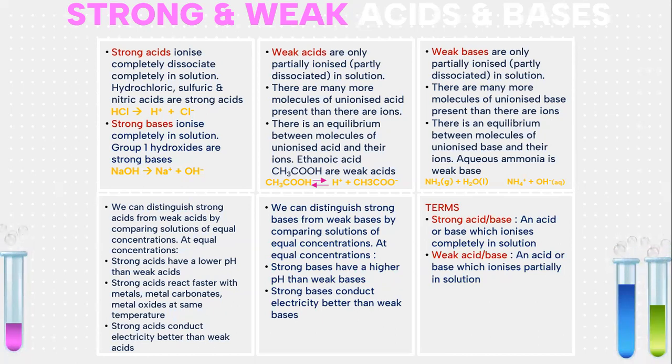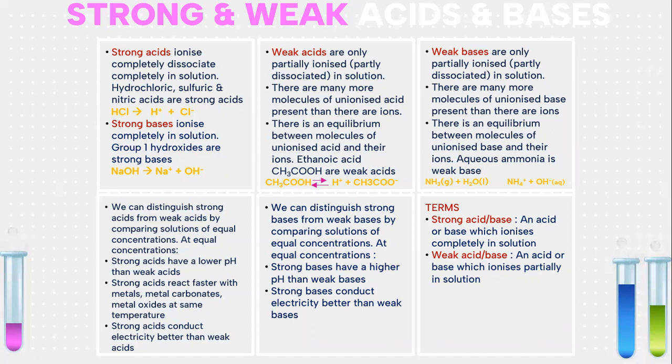Weak acids are only partially ionized, meaning partly dissociated in solution. There are many more molecules of unionized acid present than there are ions. There is an equilibrium between molecules of unionized acid and their ions. Example given here is ethanoic acid, CH3COOH, a weak acid.